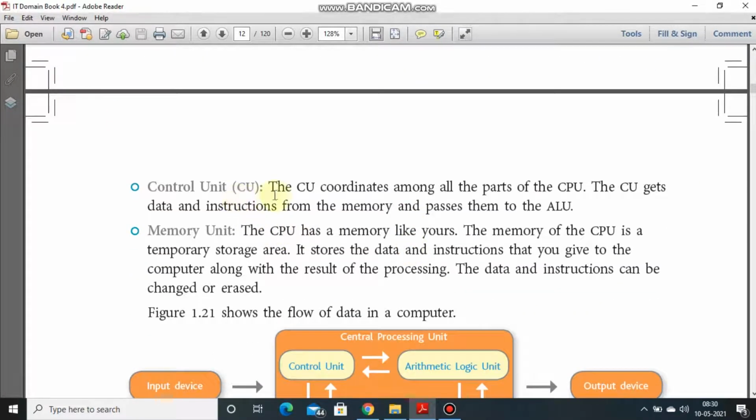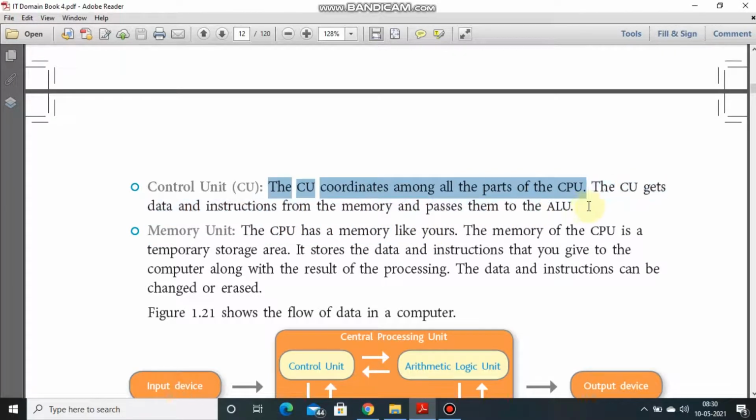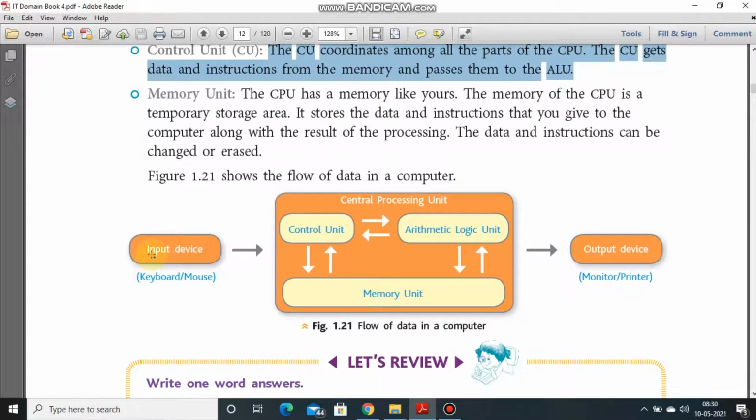The control unit, the CU, coordinates among all the parts of the CPU. The CU gets data and instructions from the memory and passes them to the ALU. The input provided by the input devices is first stored in the memory unit, from where the control unit takes the value and gives it to the ALU for performing the calculation.